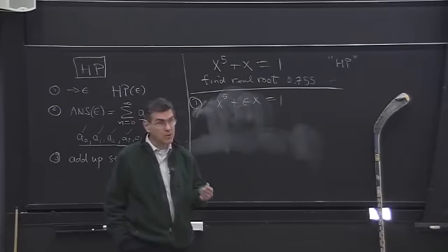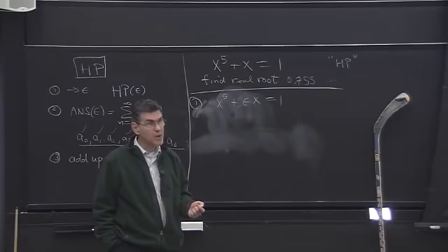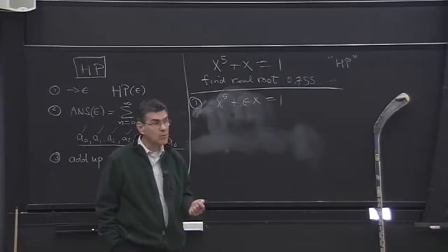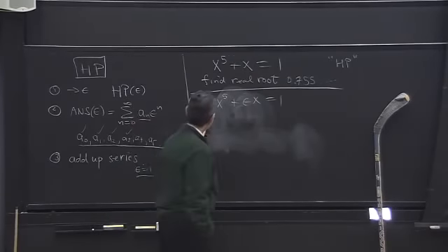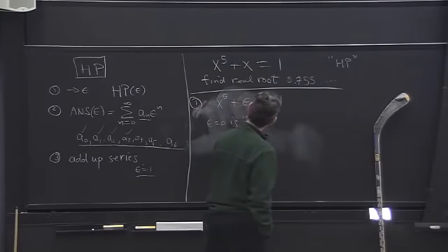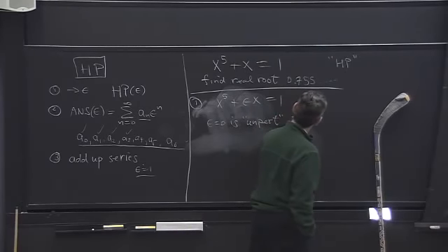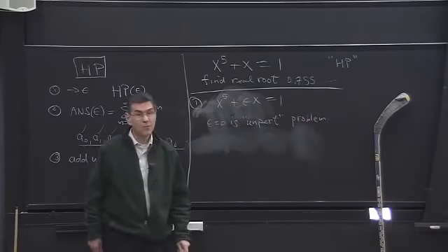Because when epsilon is equal to 0, that's the unperturbed problem. And it better be that that's a problem we can solve exactly. So epsilon equals 0 is the unperturbed problem. And we have to be able to solve that problem exactly.